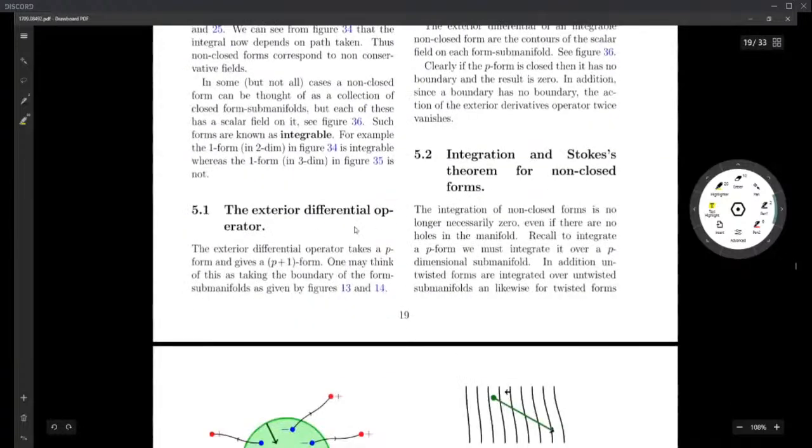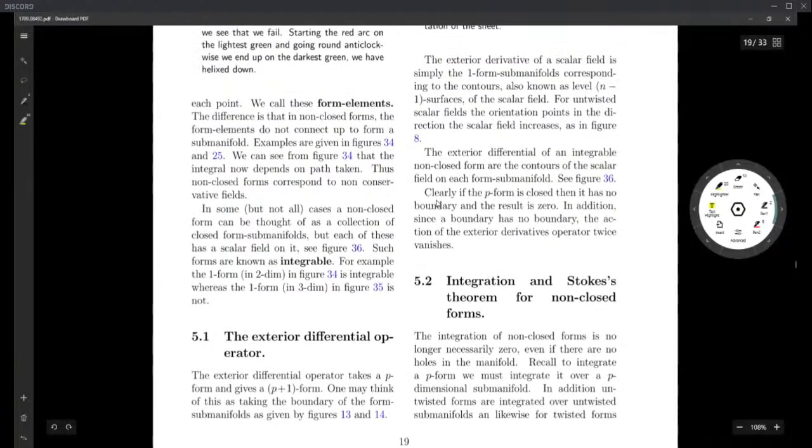So what are differential exterior operators? I forgot to mention what this is. This is pretty simple. Let's take a shape, let's take a ball or the scalar field as we saw before.